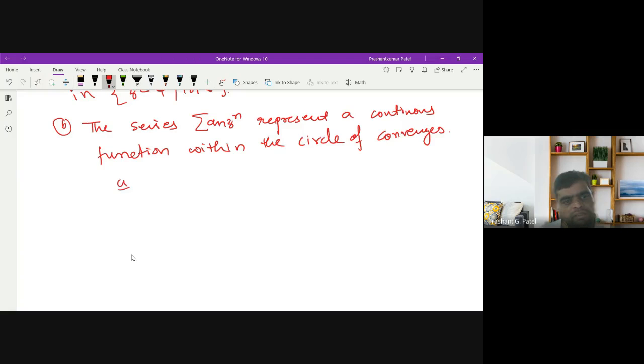That means f of z is a continuous function for all mod z less than R.